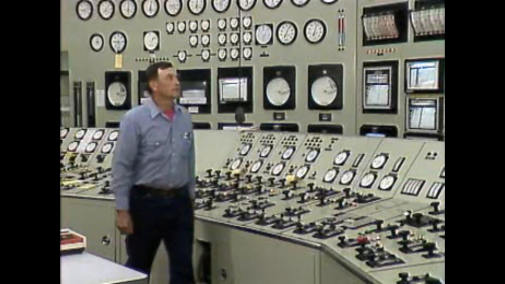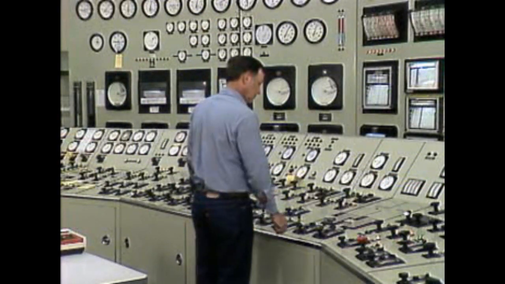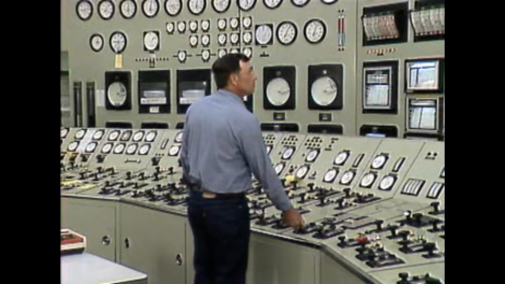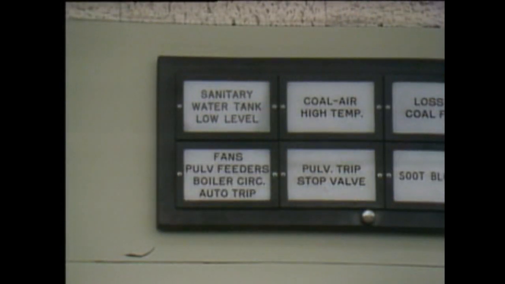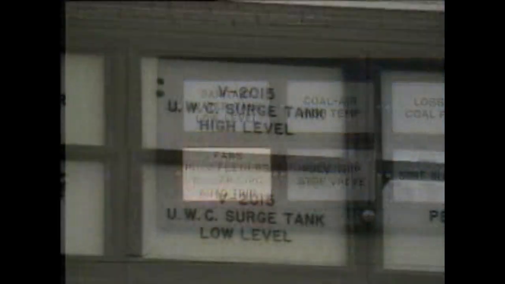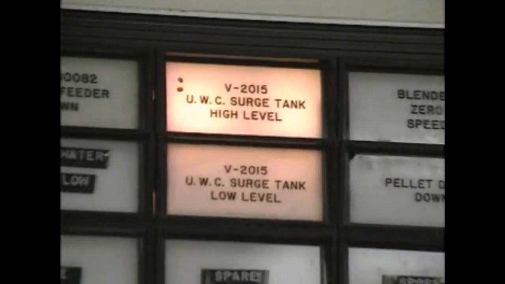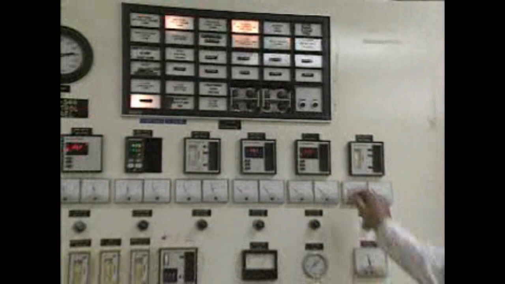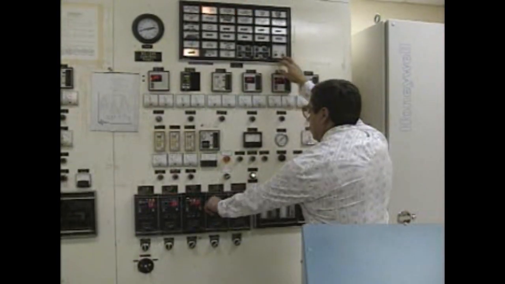An operator's first indication that something is wrong is frequently an annunciator alarm. The alarm system monitors levels, temperatures, pressures, and flows in plant systems. If a variable exceeds a preset limit, an alarm sounds and an annunciator window lights in the control room.